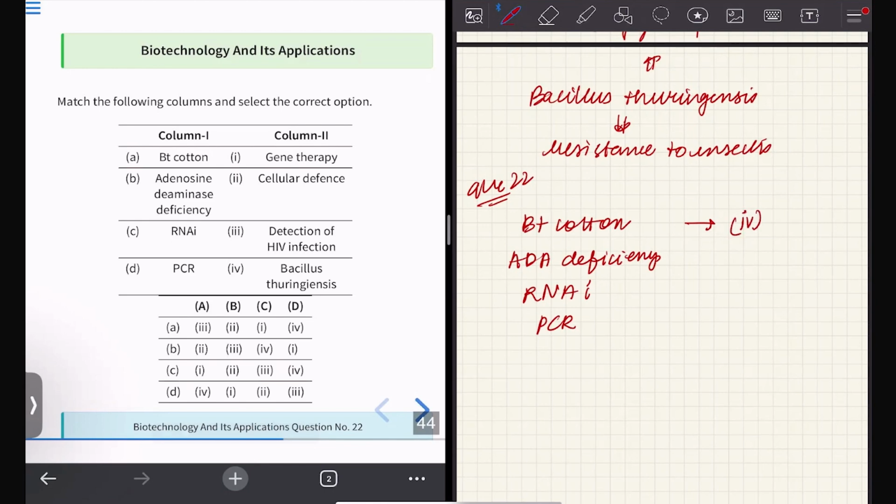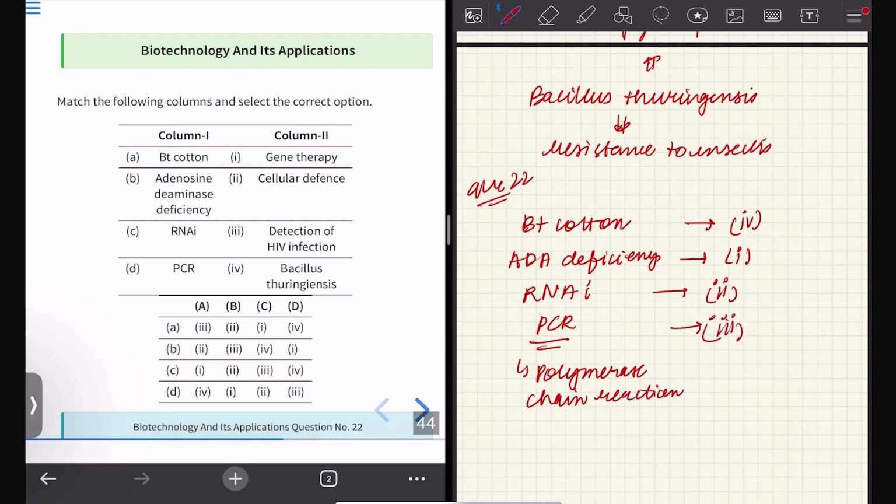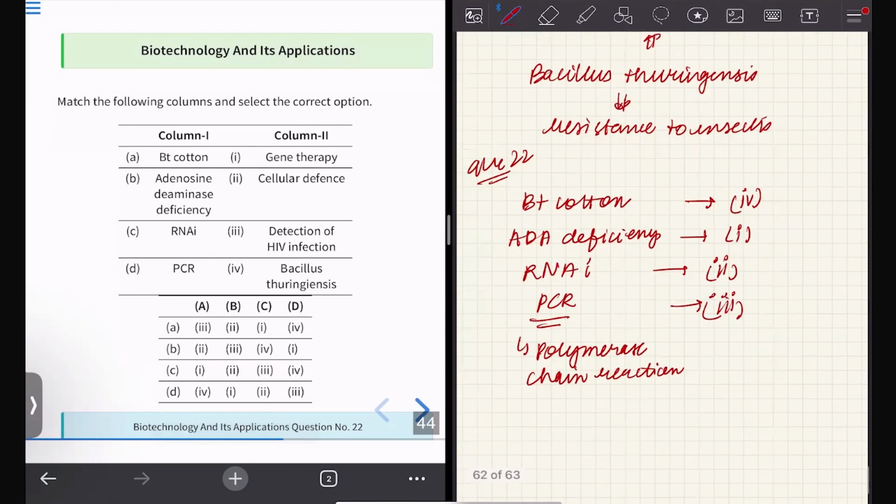ADA deficiency can be treated by genetic methods, and this whole process is known as gene therapy, which is option A. Then RNAi is present in eukaryotes as a method of cellular defense, which is option number 2. And PCR is polymerase chain reaction, and it is used for detection of HIV infection. That is option 3. So we have 4, 1, 2, and 3, which is our option D.